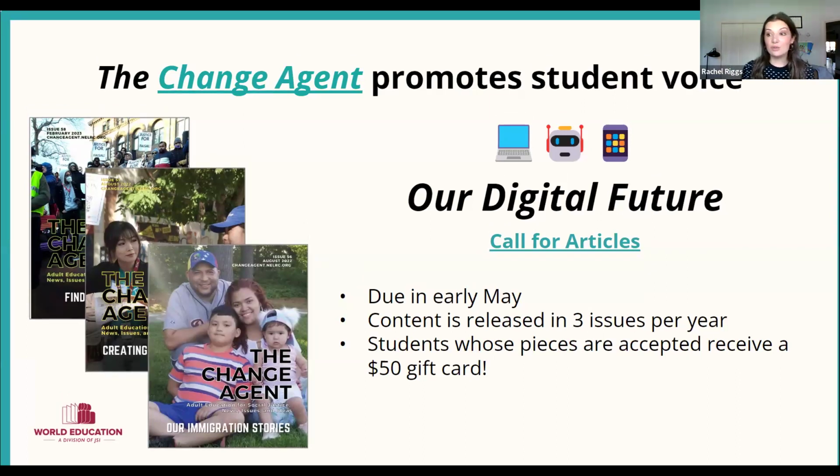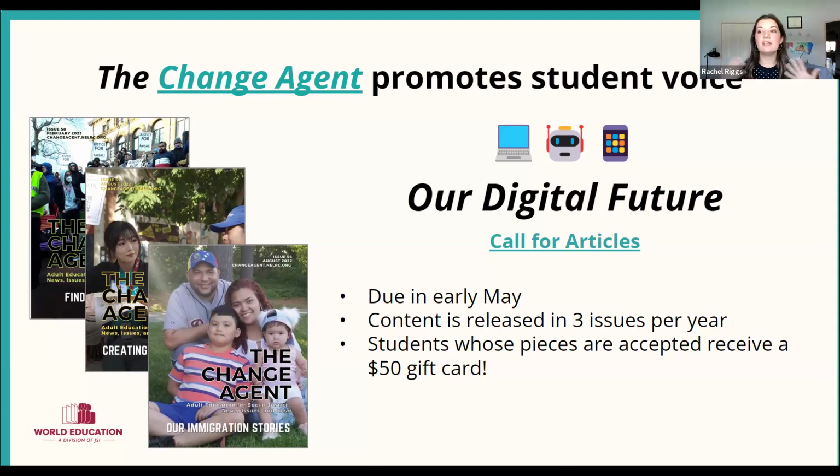Our next issue of The Change Agent is a magazine that students can write for. So they can actually get their writing published at any level. If they're a beginner English language learner, they can write at their level and have their article published in the Change Agent. So the next issue is called Our Digital Future.